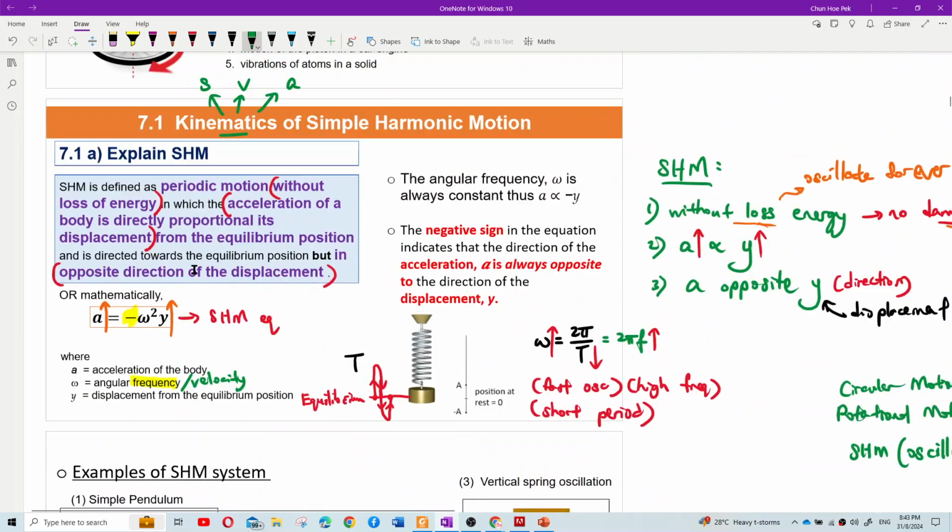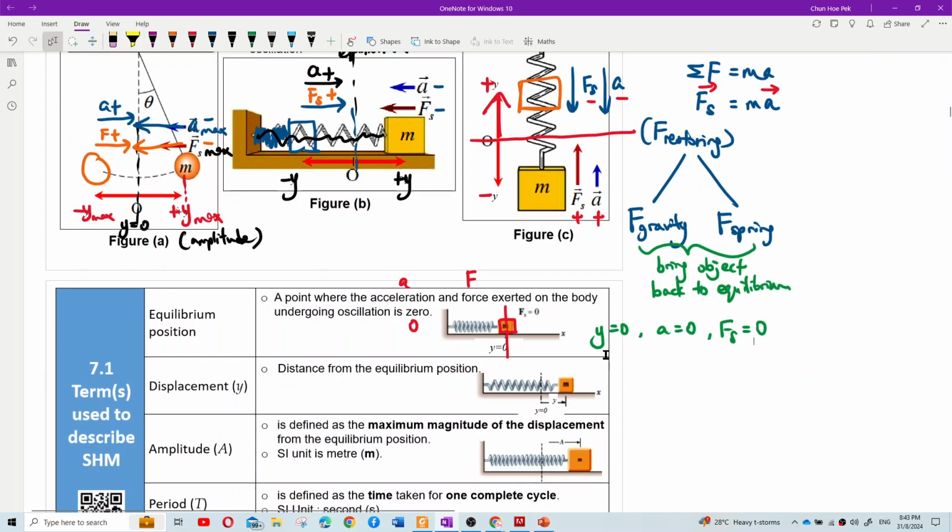Use this equation, you see, a equal to negative omega square y. And F equals ma, right? If y is 0, acceleration also zero.